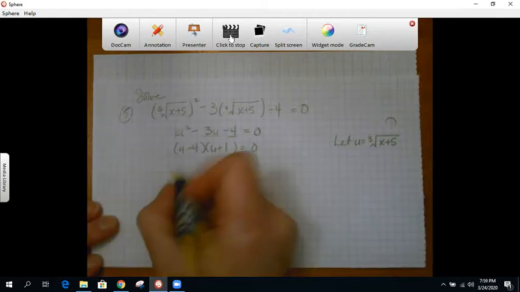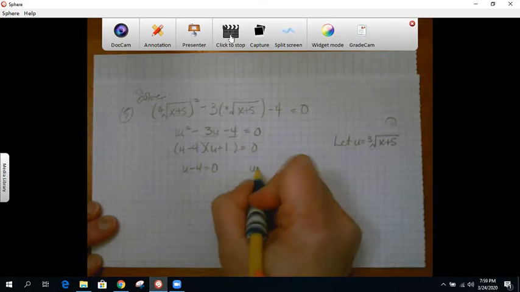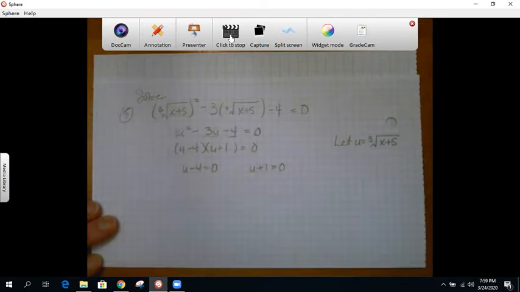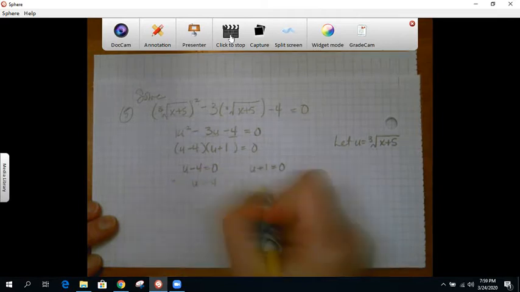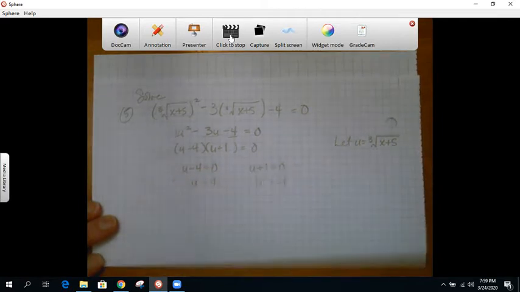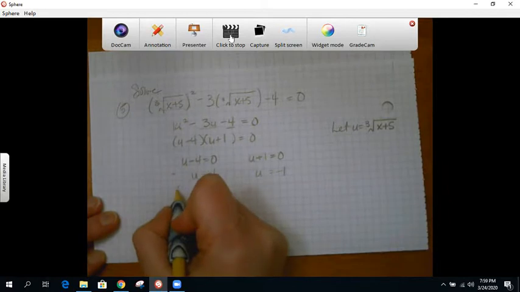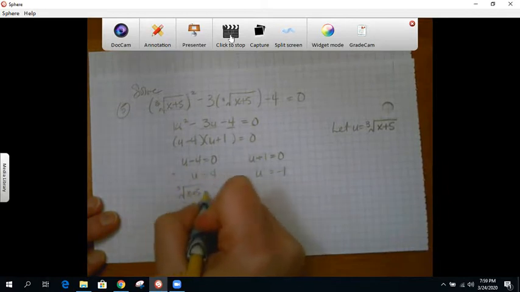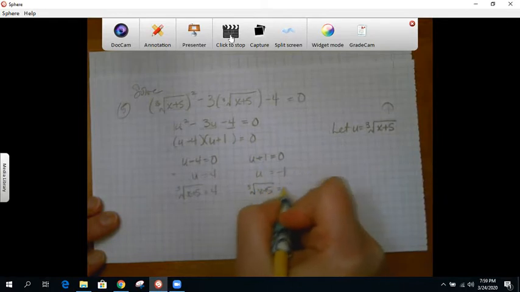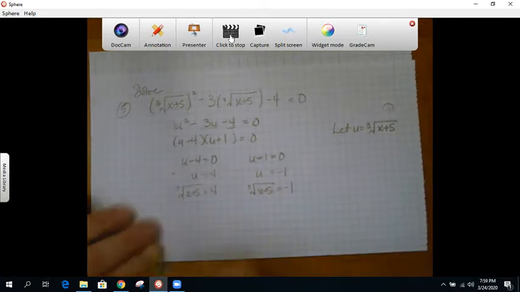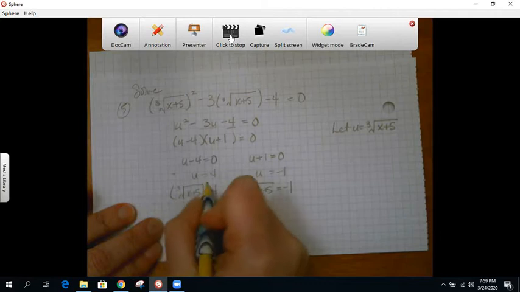Okay, so then I get u minus 4 equals 0 and u plus 1 equals 0. Okay, and I could solve and get u is 4 and u is negative 1. And then once I do that, I'm going to substitute my u expression back in. And now I have to solve this, which really isn't that bad. To undo the cube root, we're going to cube.